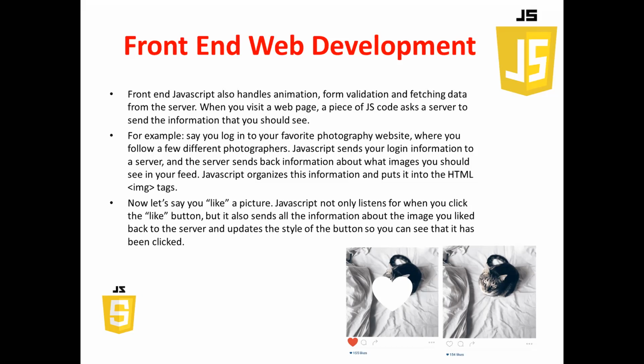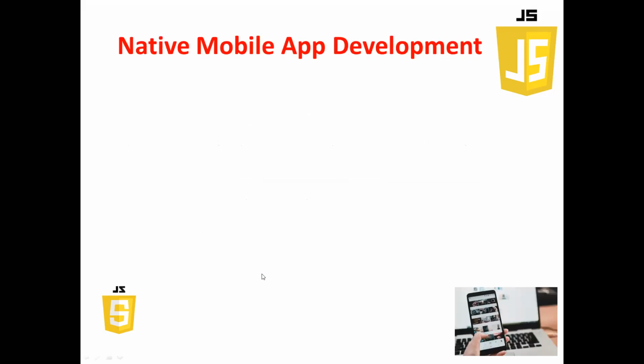In Facebook, if you like anything, it keeps telling you which pages you like, which pictures you like. How does it tell you? Through JavaScript, because all information is stored on the backend server, and whenever you visit that page again, it will tell you that you liked this page, or put some image, or some heart shape or something like that. It will give you all the information at that time.